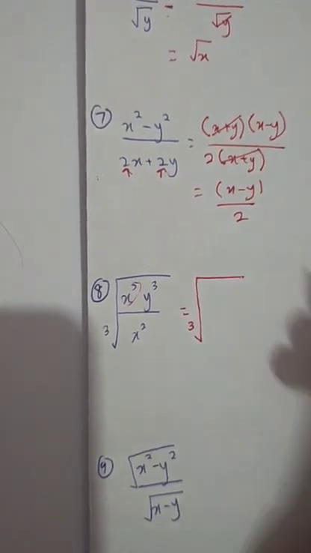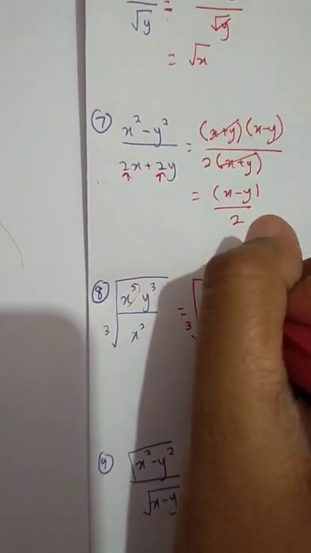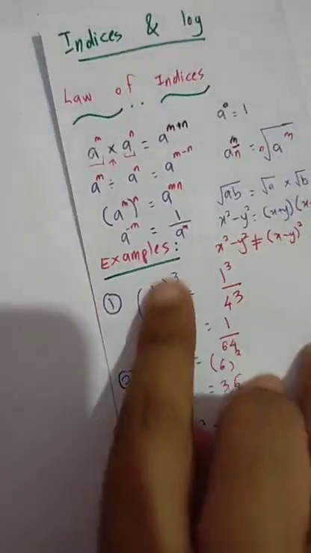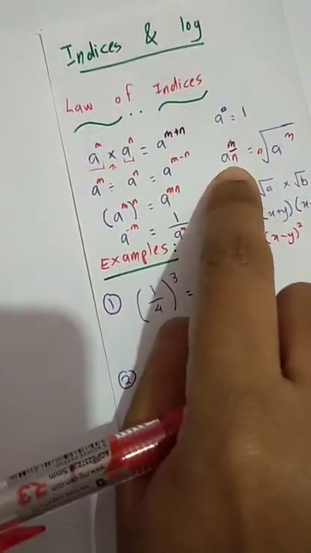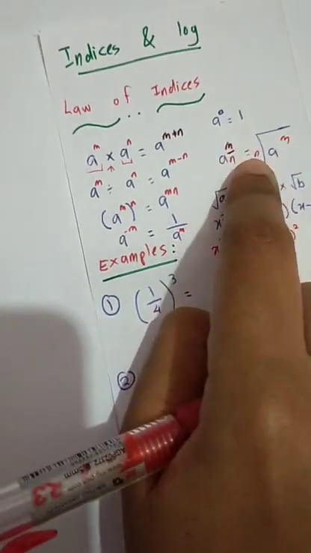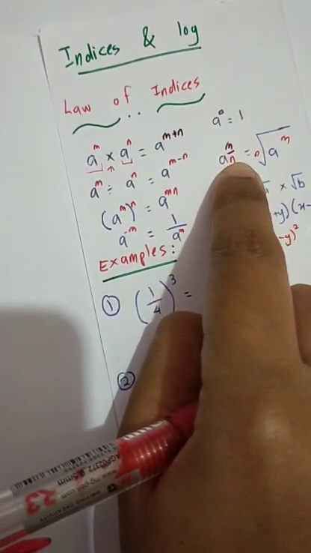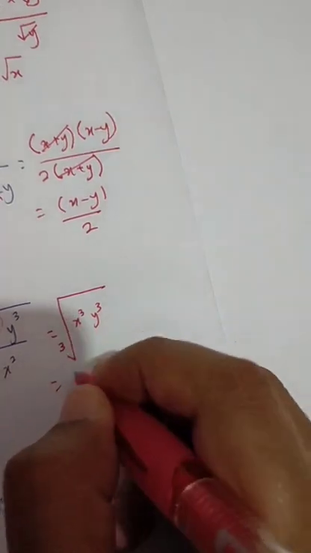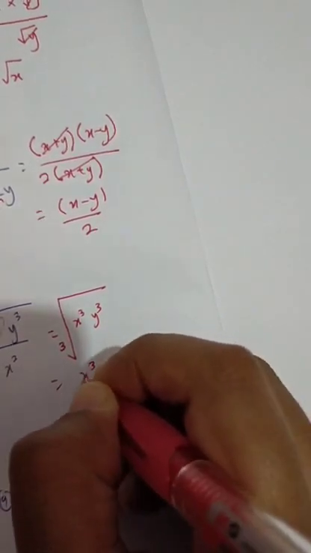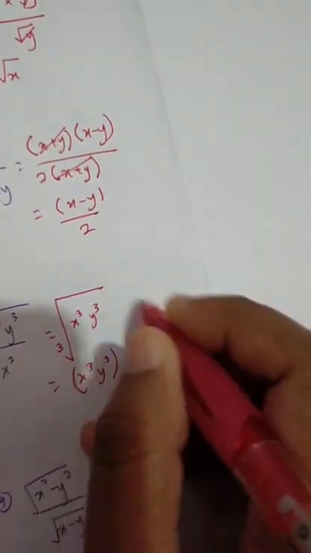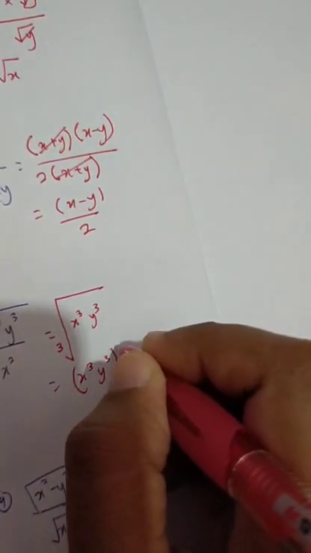So 5 minus 2 is 3, so we get x cubed y cubed. Then we know by this concept, a to the power of m over n is equal to the nth root of a to the power of m, where the denominator goes out as the root. So this one is the denominator. So I have the cube root of x cubed y cubed. This one doesn't have any power, so it's 1.